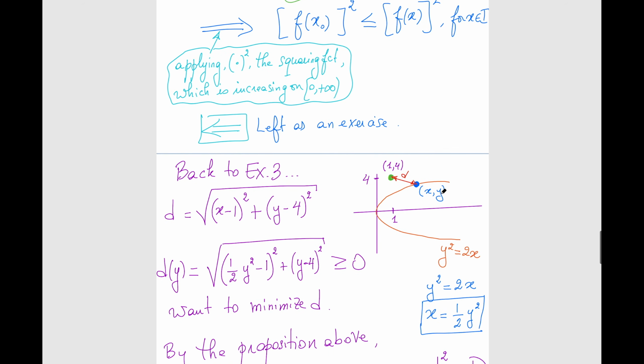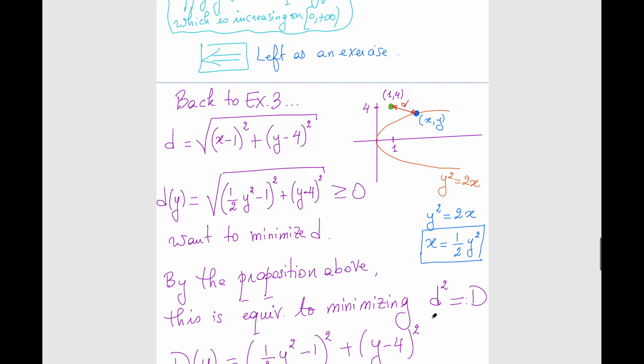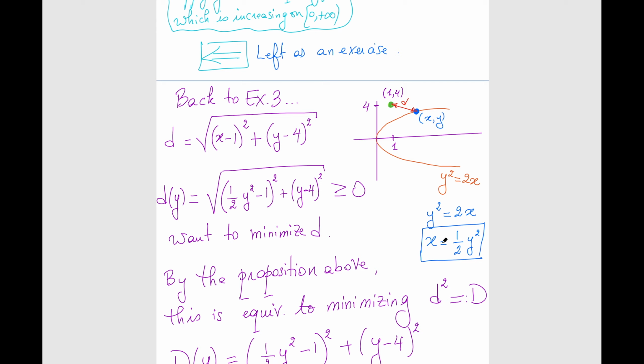The y-coordinate of that point that's closest, in the sense that d is minimum, that's closest to the green point 1 comma 4, is 2, right? So this guy is 2. The question is, what's x then? Well, we know how x and y are intertwined via this relationship. So if y is 2, now figure out what x is.